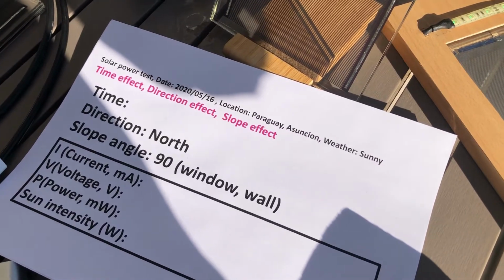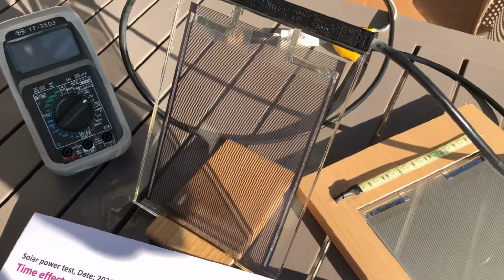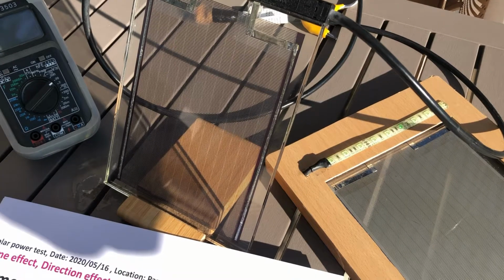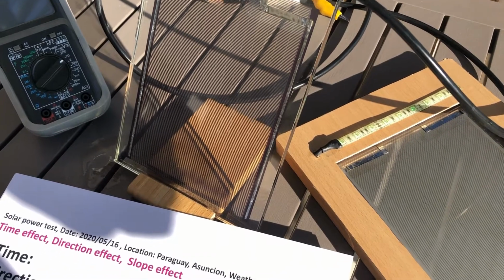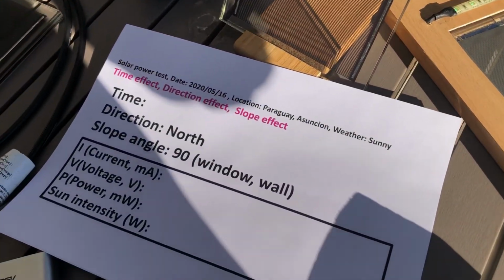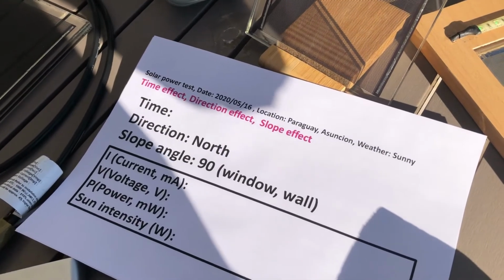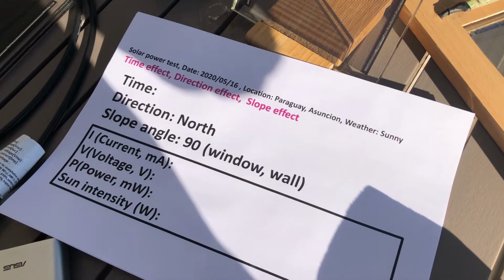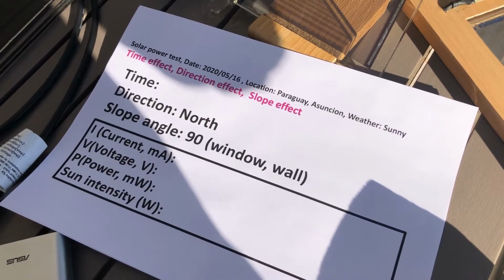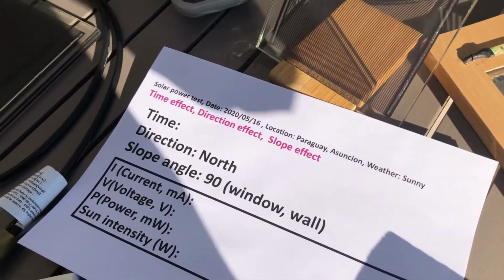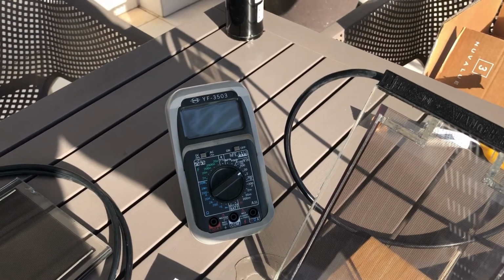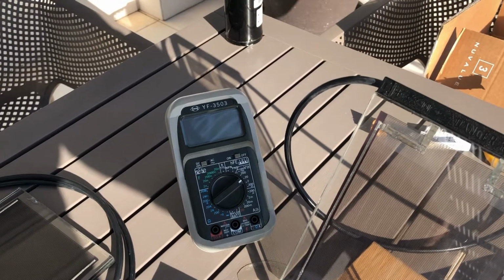And also the slope, which is the angle of the solar panel, and we will measure the slope effect. And we will measure the current from the machine, the voltage, and then the power.